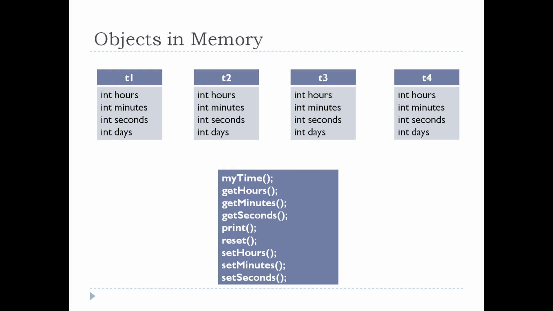You don't need multiple copies of the member functions, because the copies are not going to be executed at the same time. The print function is not going to be executed for T1 and T2 and T3 and T4 all at the same time. At any given time, the print function is going to be executed for just one object. You may say T1.print or T2.print or T3.print.